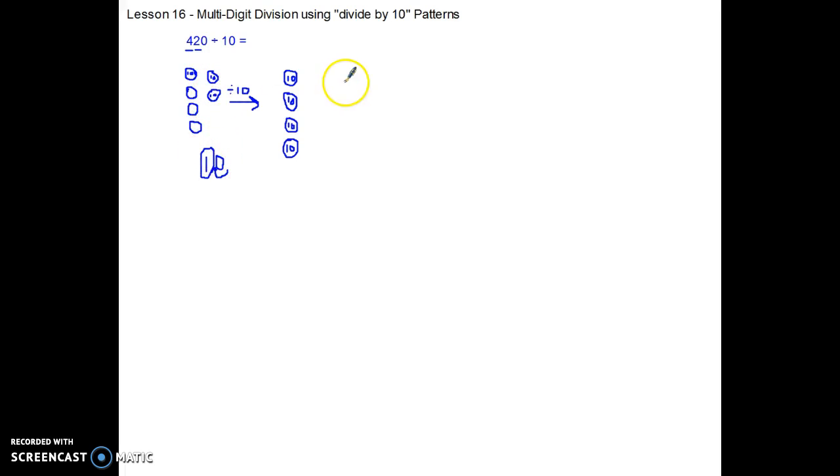So each of these 10 discs now becomes a 1 disc. And then to get my answer, I count these up. 10, 20, 30, 40, or I can think about 4 in the tens place and then 2 in my ones. So 420 divided by 10 is 42.